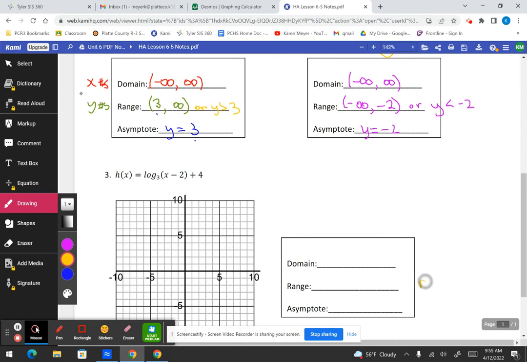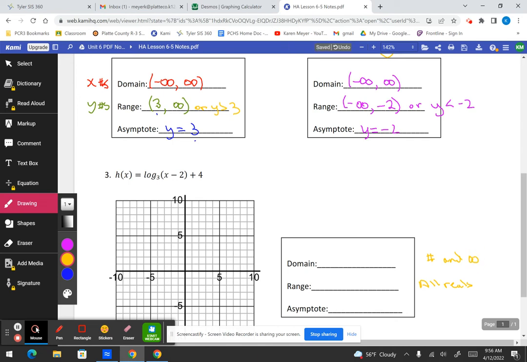So that means the range would be all numbers. And up here for exponentials, instead of your range being where you have a number and infinity, that's going to be your domain. So your domain will now have a number and some kind of infinity, whether it's positive or negative.